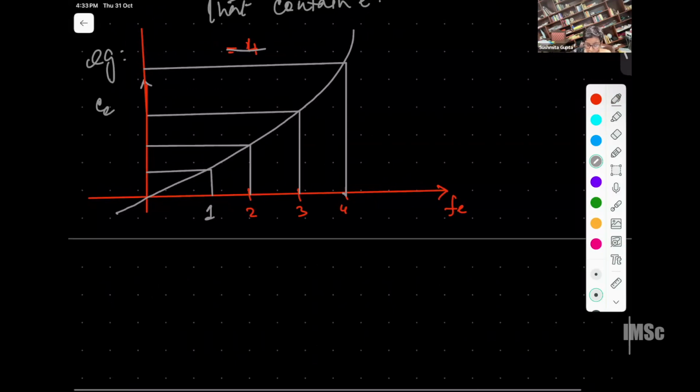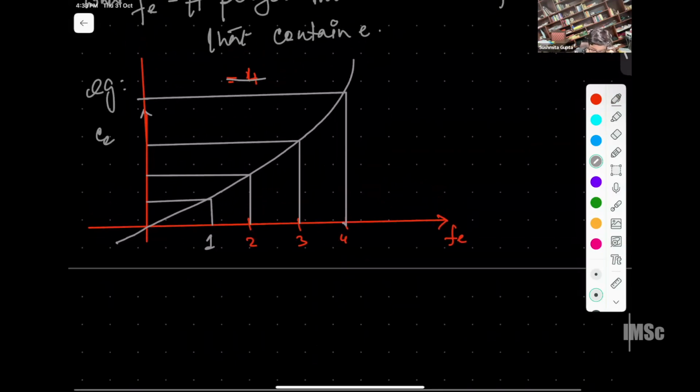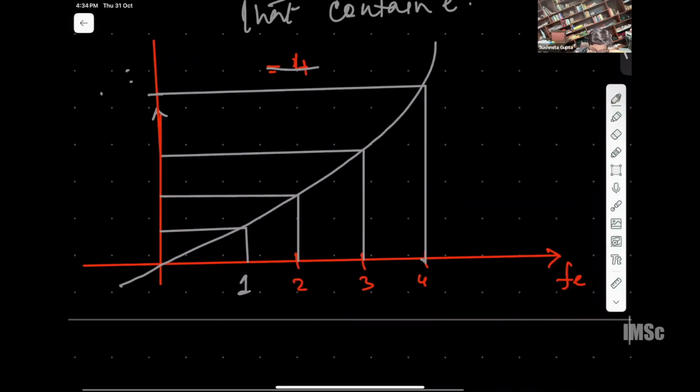So this is c_e of 4. By the way, in this situation, I have drawn a particular function which is increasing, but it's only an example.